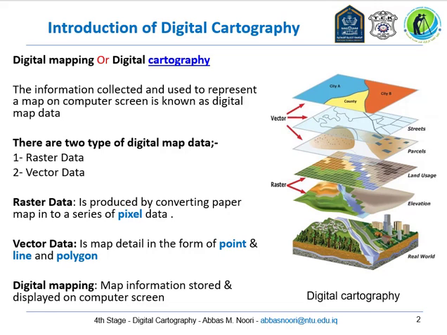If the pixel is large, the resolution is small. Okay. And every pixel has a value. This value represents the feature or the phenomena, and the vector data is a map detail in the form of point, line, and polygon.